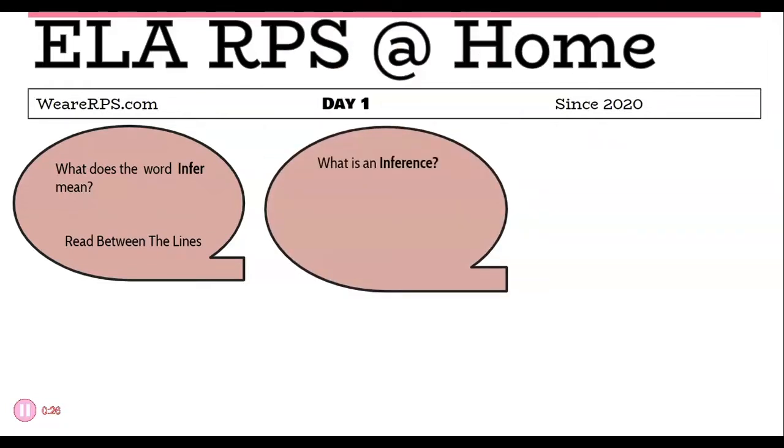What is an inference? Yesterday, we talked about the two most important things that help us make inferences. You're absolutely correct. An inference is when you use text evidence and your background knowledge to draw conclusions about the text. Good job.